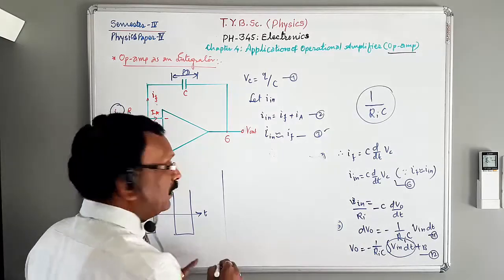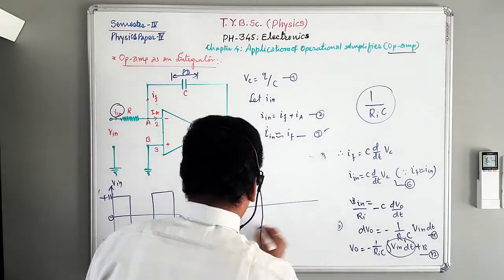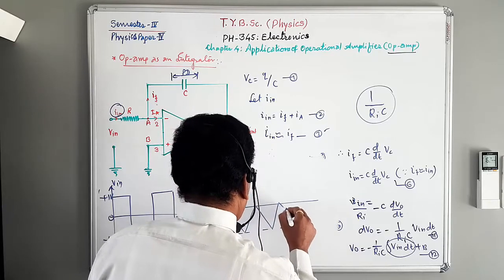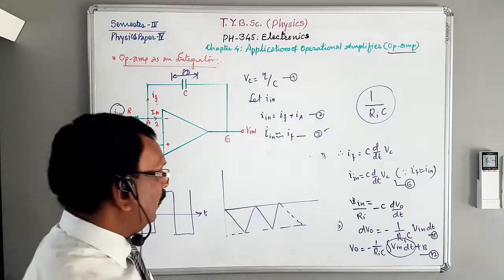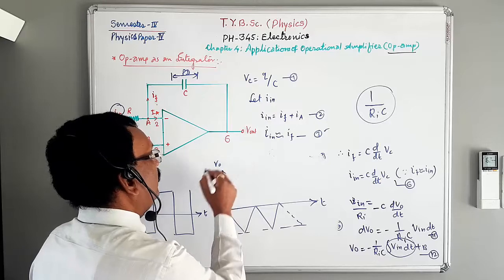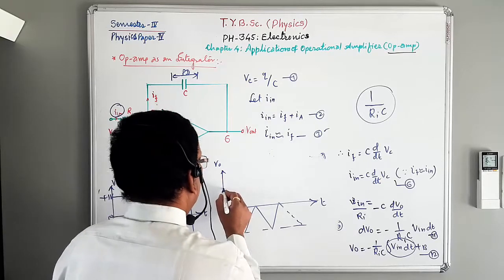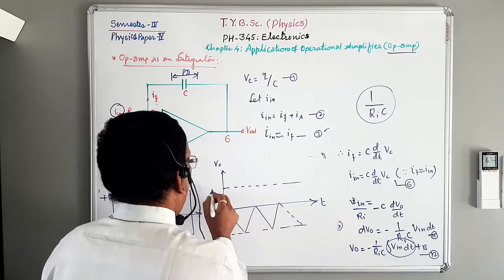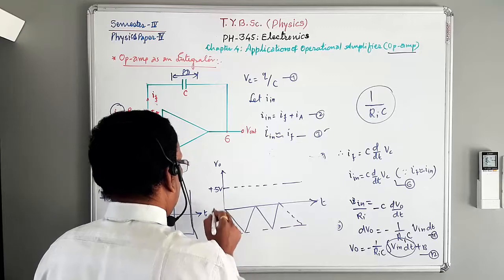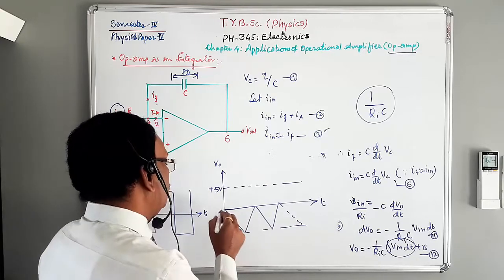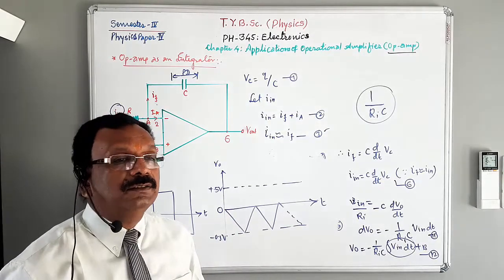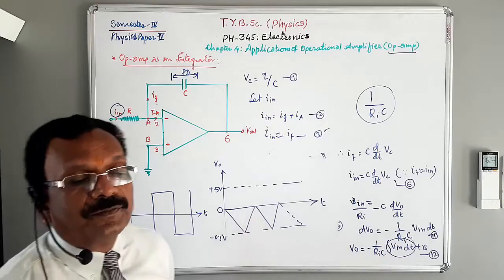Then the output signal is like this. This is the time axis. This is the output axis VO, and here this is plus 0.5 and this is minus 0.5. Okay, and this is the 0 line.